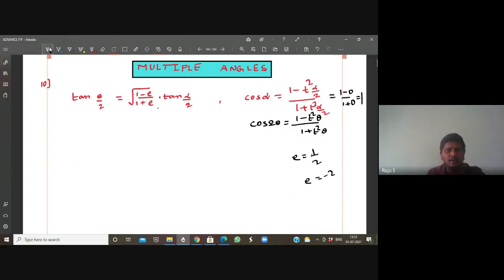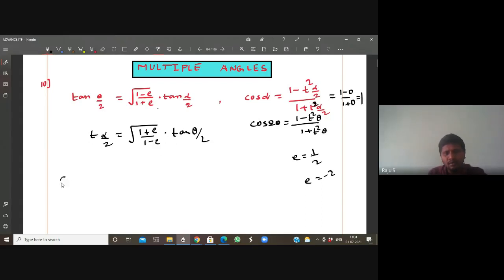Okay, right now, see cos alpha = (1 - tan^2(alpha/2))/(1 + tan^2(alpha/2)). From this equation, what is tan(alpha/2)? Cross multiply. Shall I write here? tan(alpha/2) = root of (1 + e)/(1 - e) into tan(theta/2). I cross multiplied, so in place of tan(alpha/2) I want to replace this value.